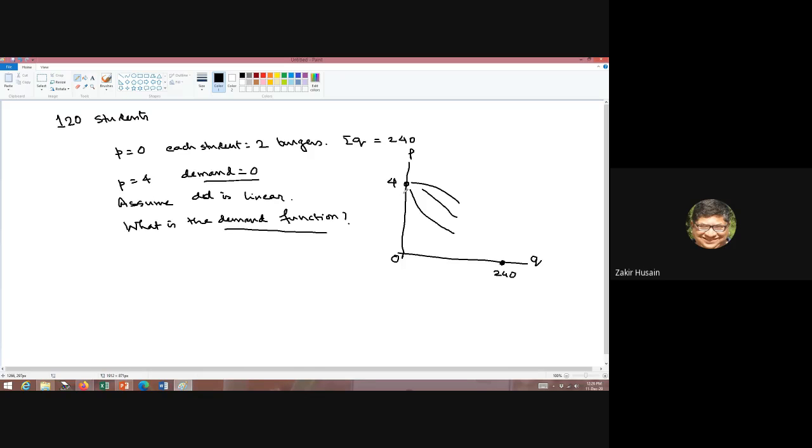But we assume that it is linear, so it's a straight line. What is the equation of this straight line?